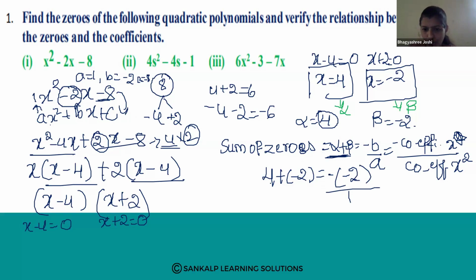So 4 plus into minus 2 is equal to minus into minus plus 2. 2 divided by 1 is 2 only. 4 minus 2 is 2, equal to 2. So, observe carefully. Alpha plus beta value is 2. Minus b divided by a is 2. So, both are matching, right?